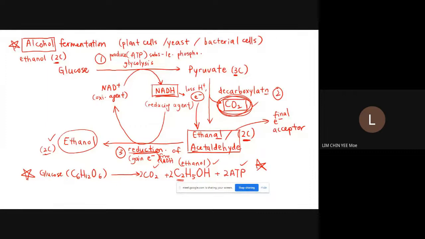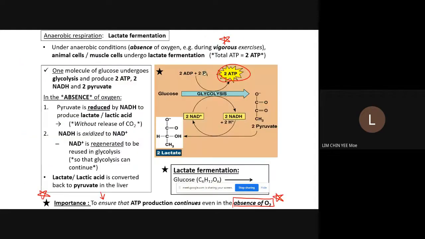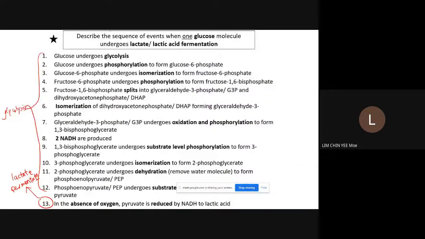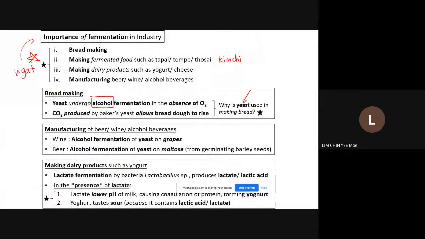Sebab ada carbon dioxide, itu yang buatkan our bread fluffy. Kalau you makan roti, next time you boleh nampak, kenapa dalam tu ada lubang-lubang? Itulah sebab ada carbon dioxide produced. The air produced in the bread will make the dough rise. Make the bread dough rise.